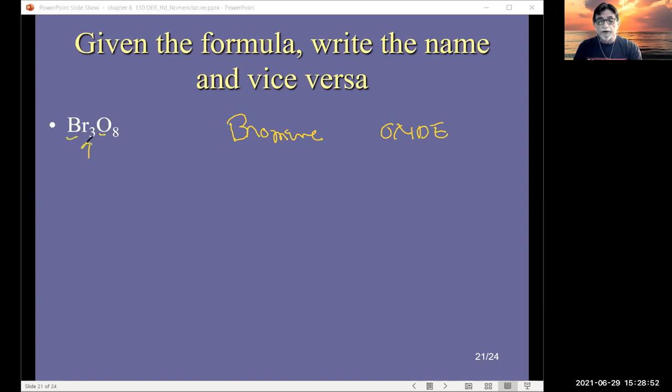And then you throw in the prefix for the subscripts, and like Odette has, there's 3 for the bromine, and octa for the oxygens or the oxides. Now keep it in mind, O is a vowel, A is a vowel. You're supposed to drop the A, so octoxide. But I'll take it with the A, no problem.